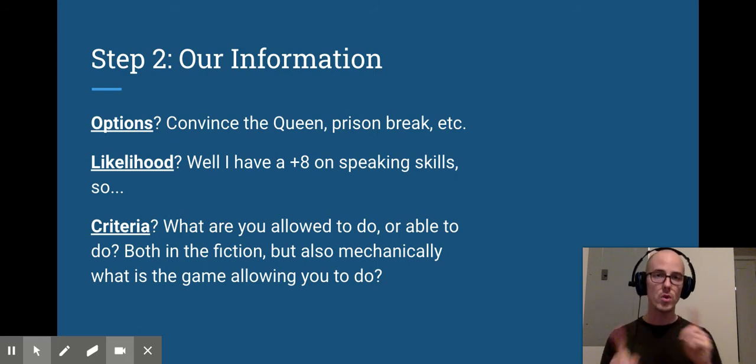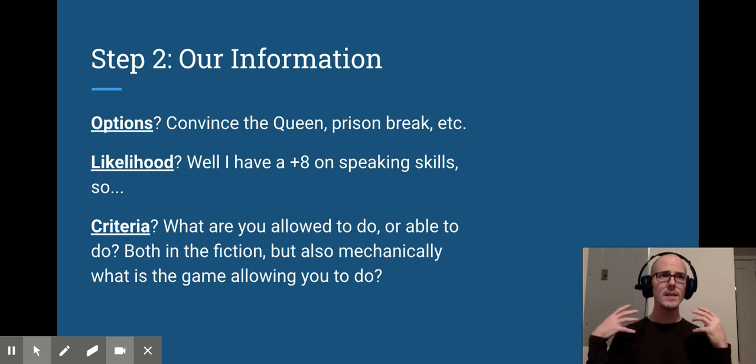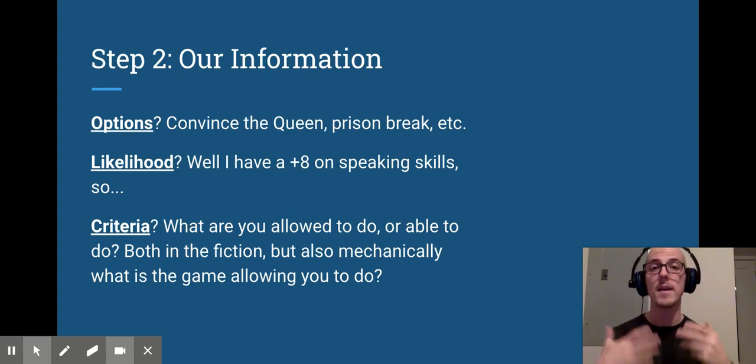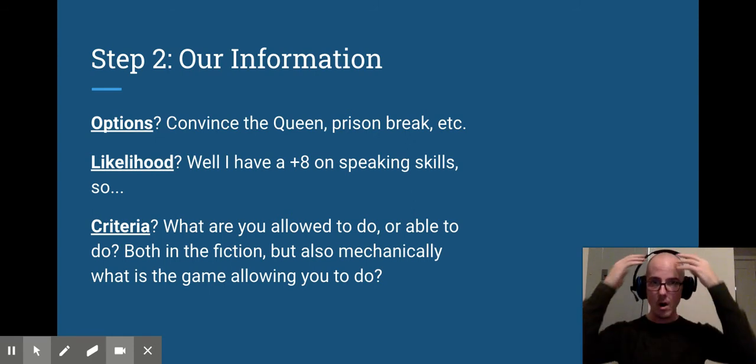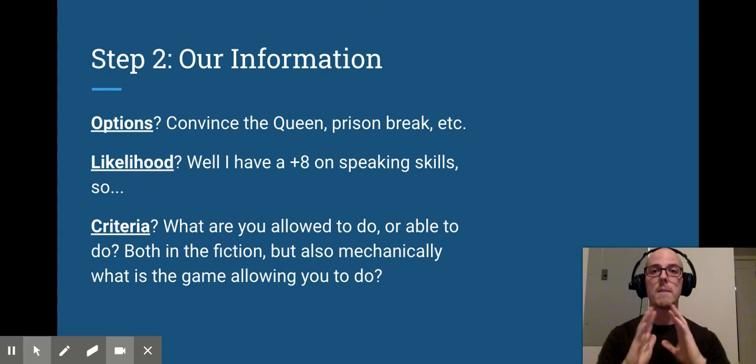Then, once you know what you could do, it's time to do a little bit of statistics. It's time to do a little bit of probability. And this is something where I like to say that we're good and bad at this. Our brains are brilliant pattern recognition machines. We're fantastic at noticing and recognizing patterns in the world.